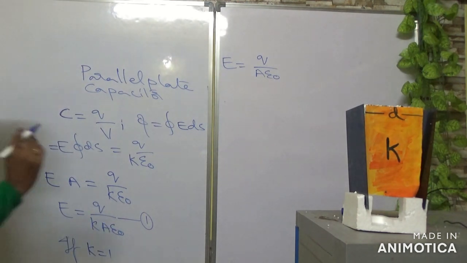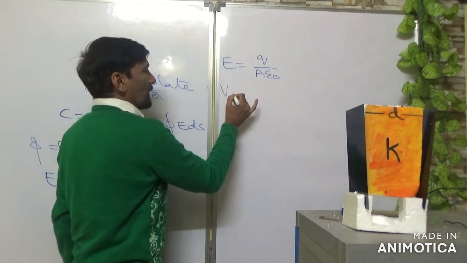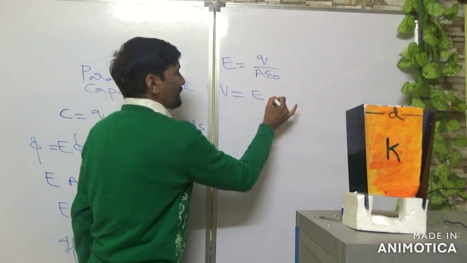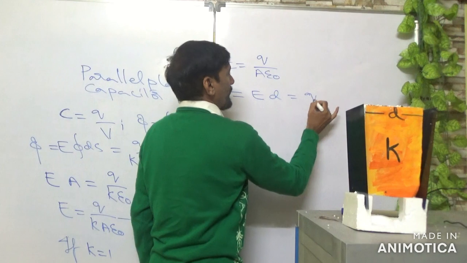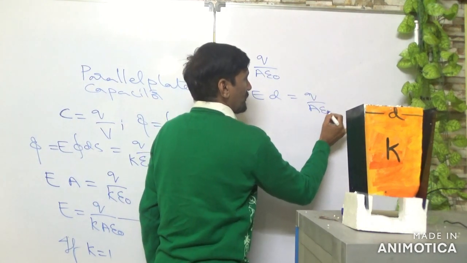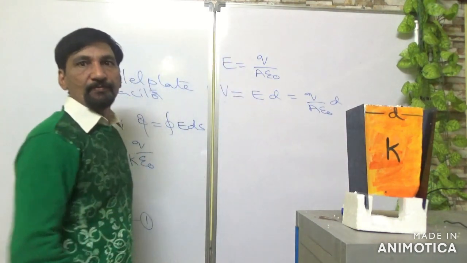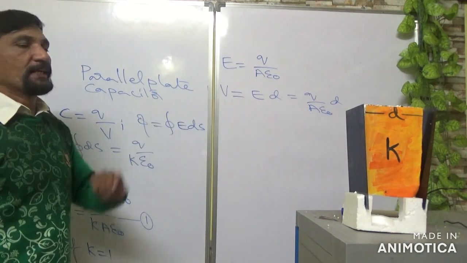The electric potential V is equal to E D, so this is Q by A epsilon naught into D. That is V.